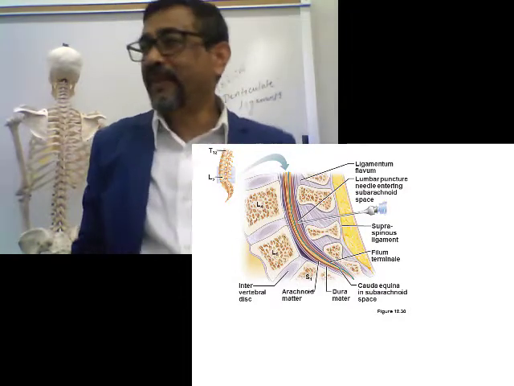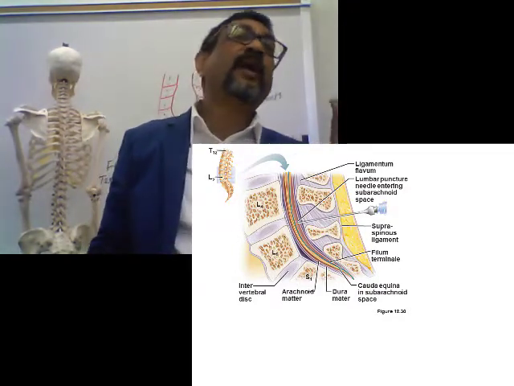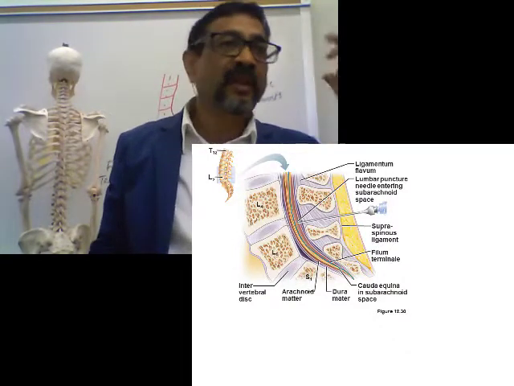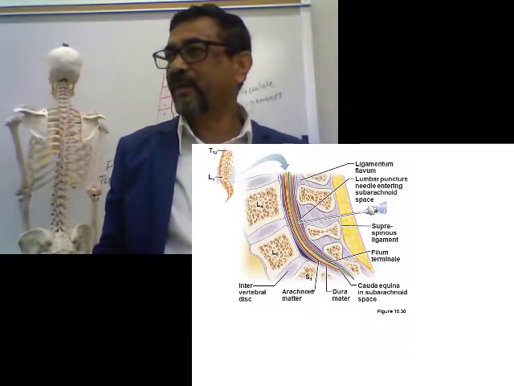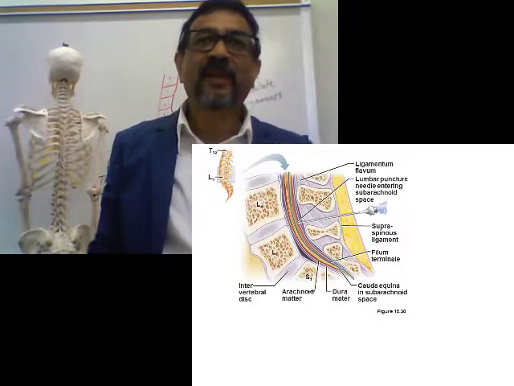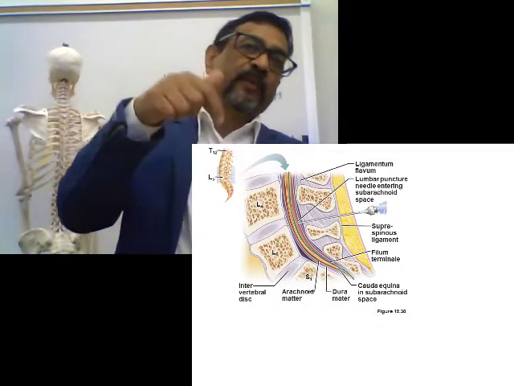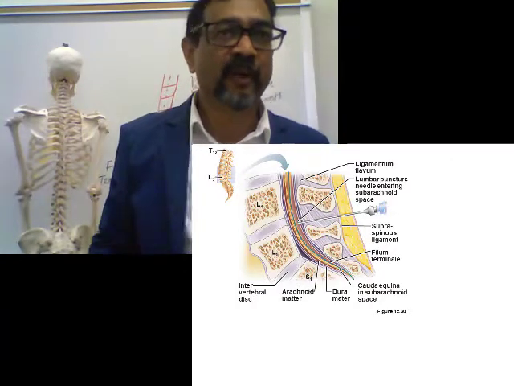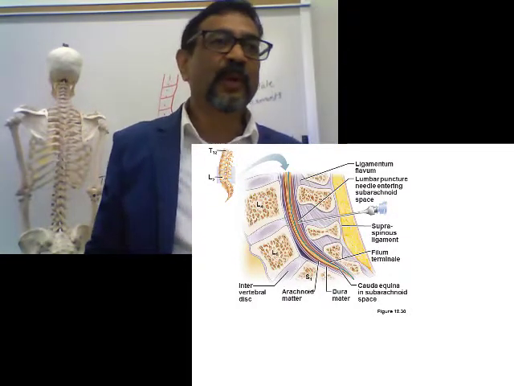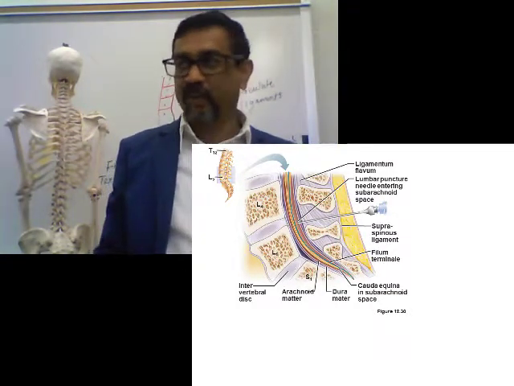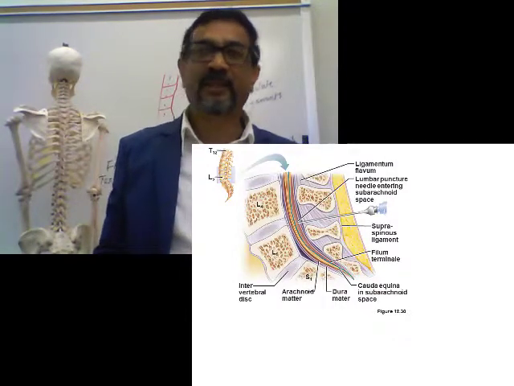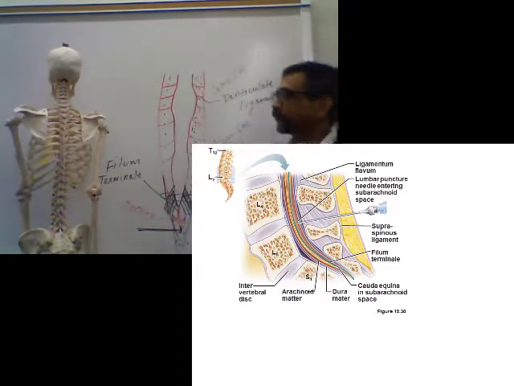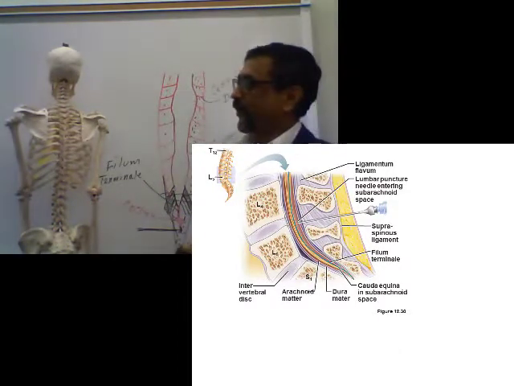The other is to see if there is any microorganism. If you suspect meningitis or any infection in the central nervous system, you will culture the cerebrospinal fluid to see if there is any bacteria or virus, right? In that way you can diagnose the problem and treat the patient. So that's why we collect the cerebrospinal fluid. It is very important.